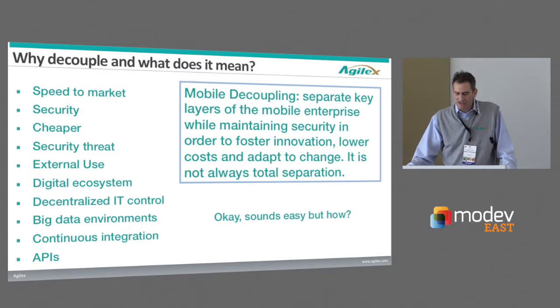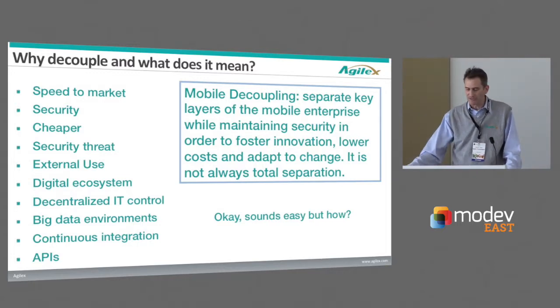Essentially it means, in a broad general way, separating these key layers of the mobile enterprise while maintaining security to get the advantages of mobility, to drive business value, but at the same time give IT the peace and comfort that they need to maintain their operations, their security posture, their development, and all of that.